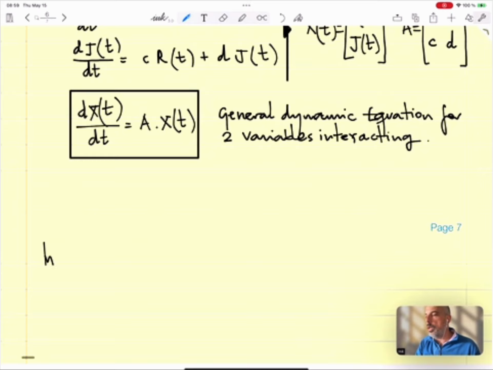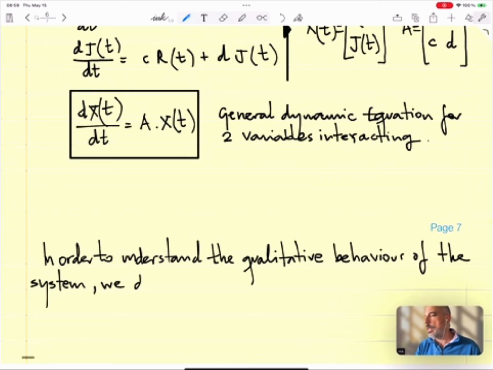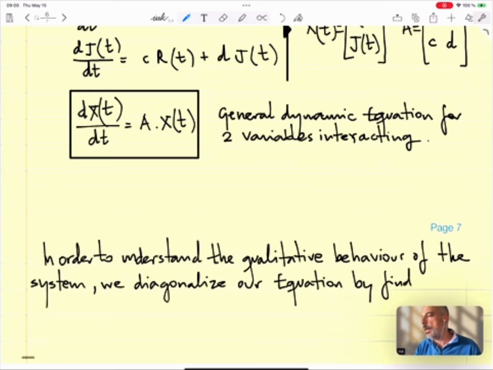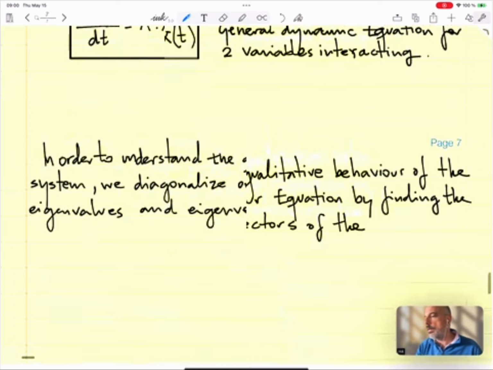So in order to understand the qualitative behavior of the system, we diagonalize our equation by finding the eigenvalues and eigenvectors of the matrix.